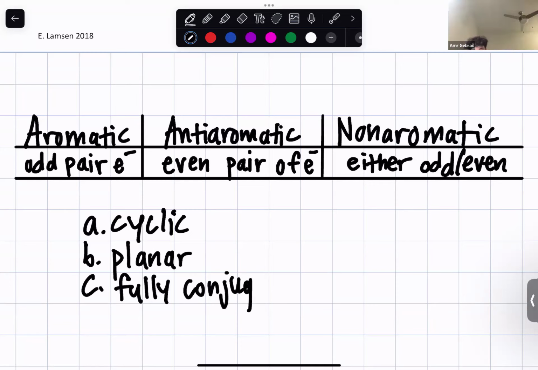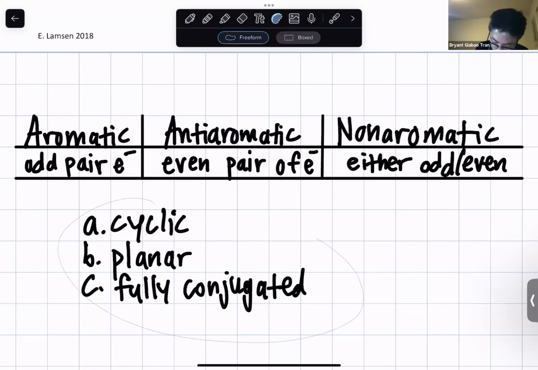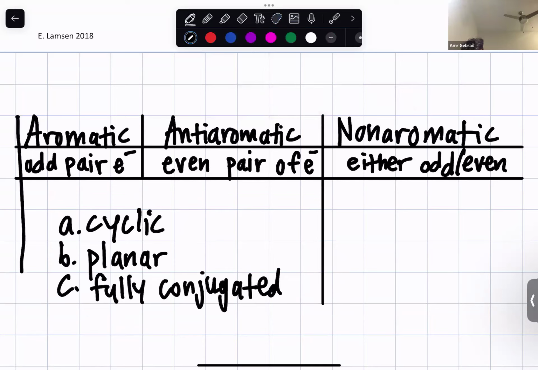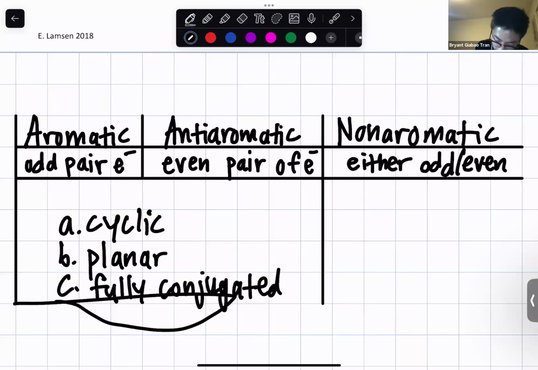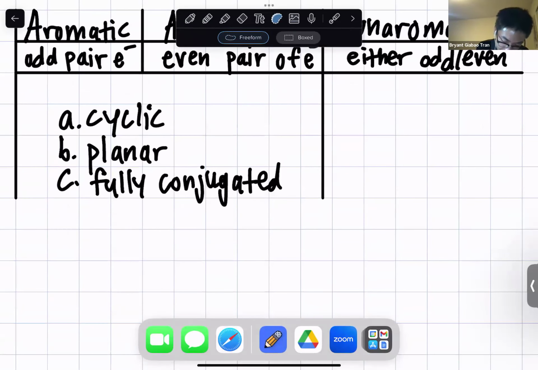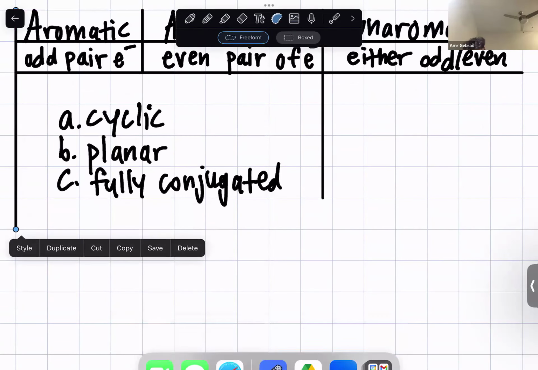Is this just for aromatic and anti-aromatic only? If one of these conditions is not met, then you are automatically non-aromatic. But once you fulfill these three conditions, then you look at how many electrons you have, an odd pair or even pair, and that's how you differentiate aromatic versus anti-aromatic.